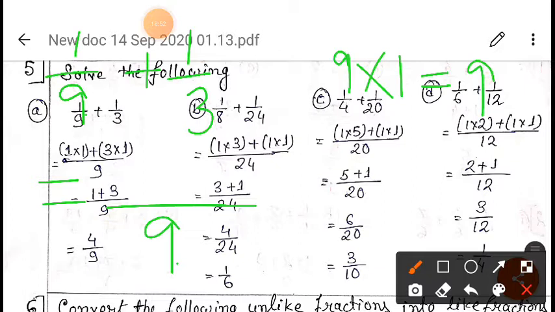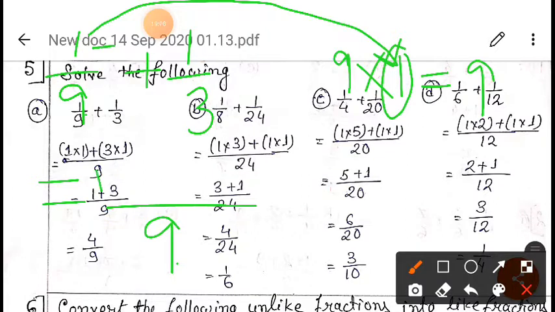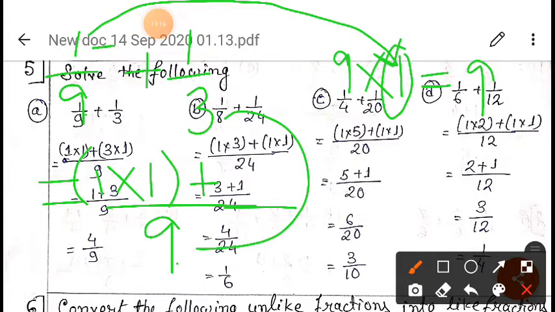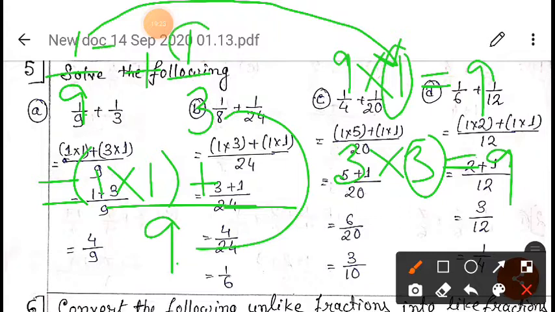So this one will be multiplied with this one, which we can write here as 1 into 1, right? Plus, now next, in the multiple of 3, 9 comes in how many times, 3 into 3 is 9, right? So this 3 will be multiplied with this 1. So we can write it like this, right?